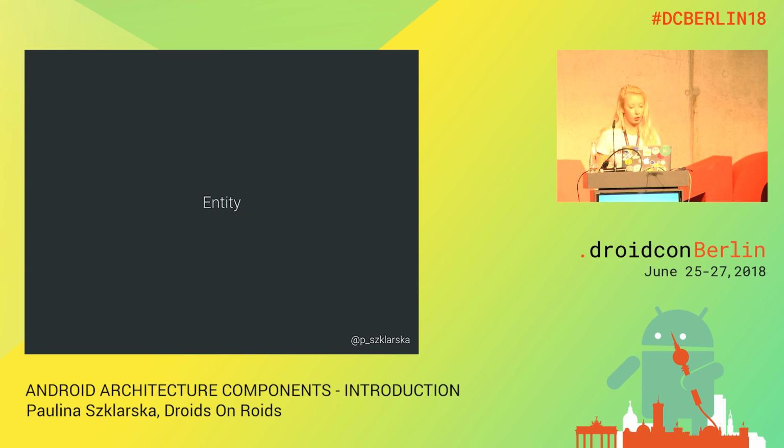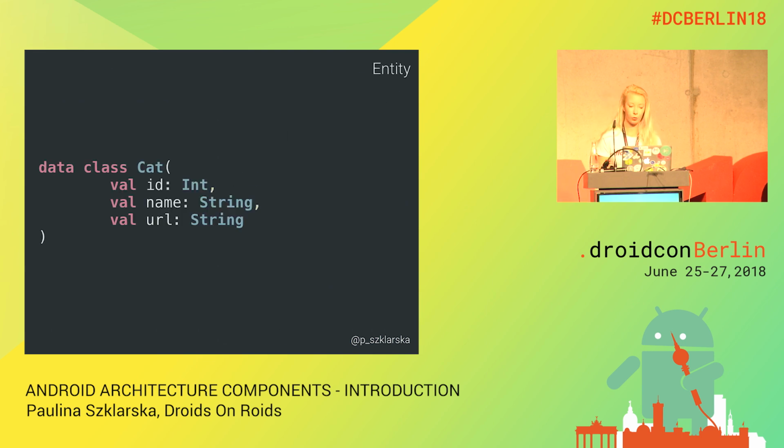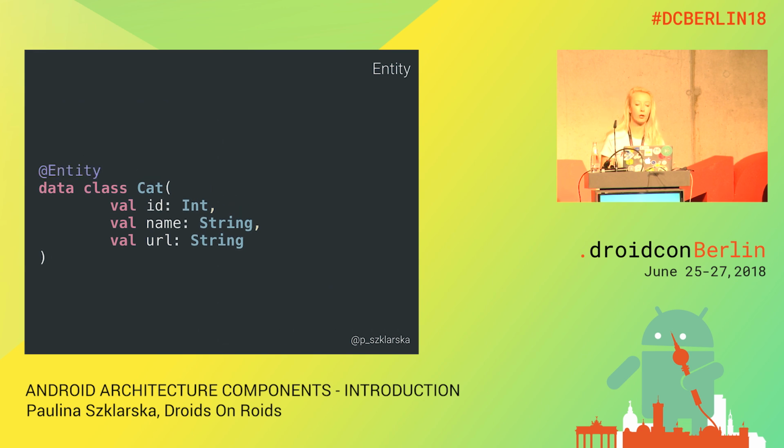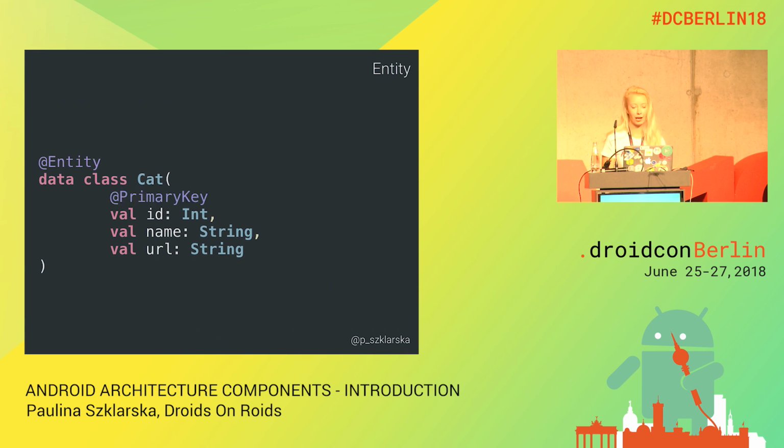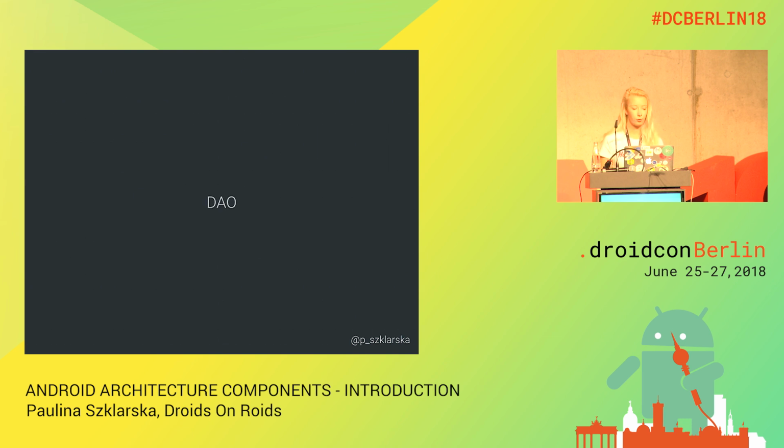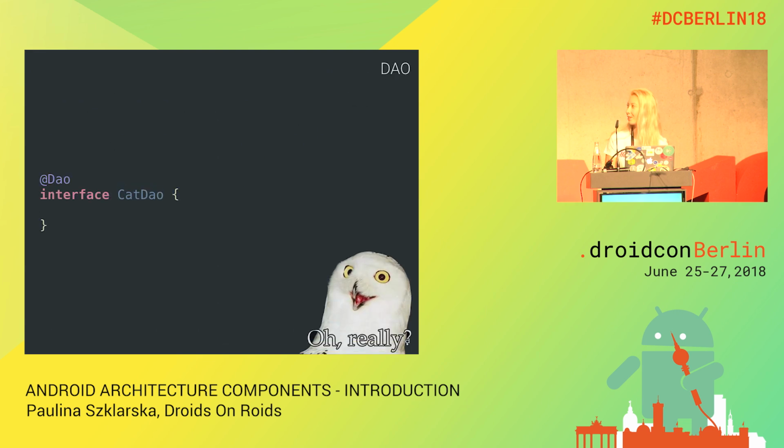Basically, we need to start with an entity. To create an entity from a simple data class, we need to add just two things: the Entity annotation, and a primary key. That's all you need to do to create an entity. To access an entity, we need to create a data access object, DAO, and for creating a DAO, we just need to use the DAO annotation.